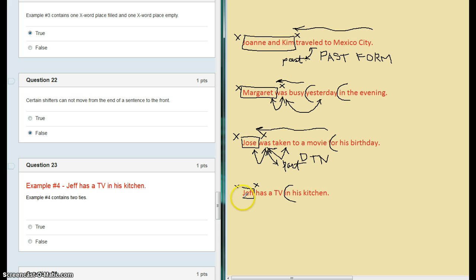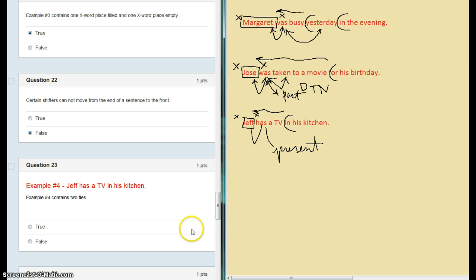Now Jeff is the subject. The X word is does. Does Jeff have a TV? Jeff doesn't have a TV. Everything left between is the predicate. Has ties with Jeff. Has ties with the present. I wrote that pretty good. So now we're ready to continue.